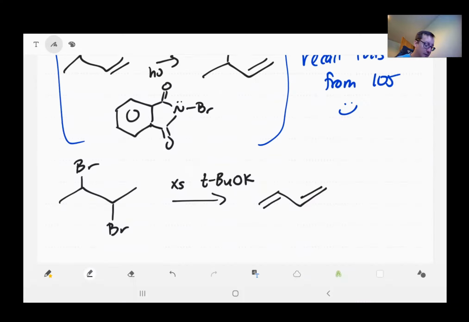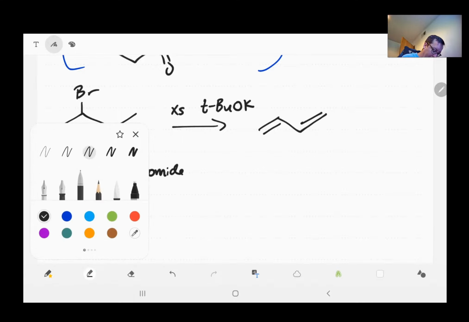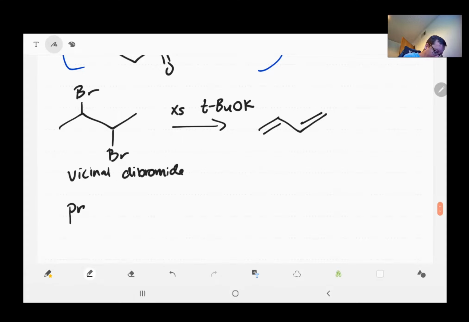As long as you have these vicinal things, you can make it happen. Again, I've drawn these in simple cases where we have 4 carbons, but go ahead, throw them on more complex molecules. Same thing is going to happen here, so we're good. All right, let's talk about some properties then.